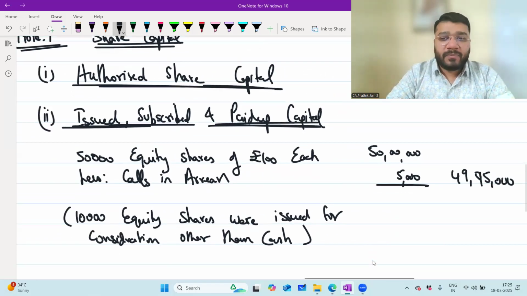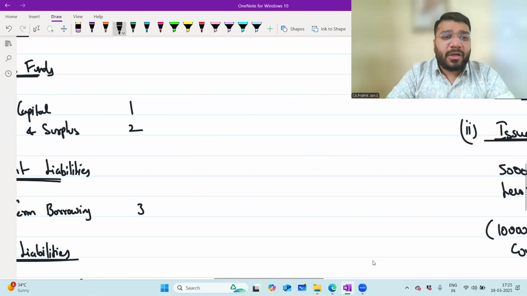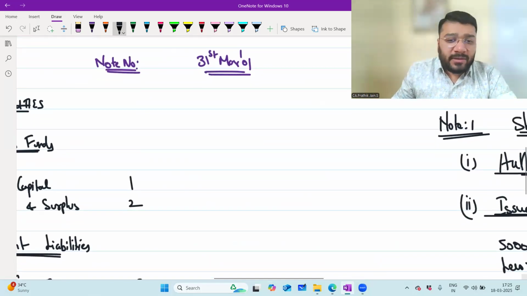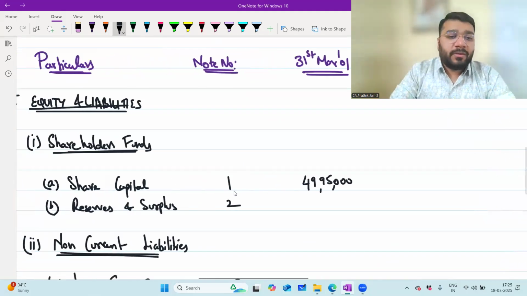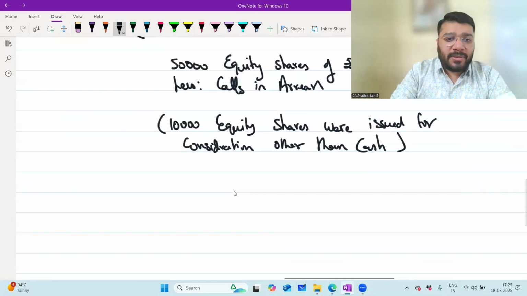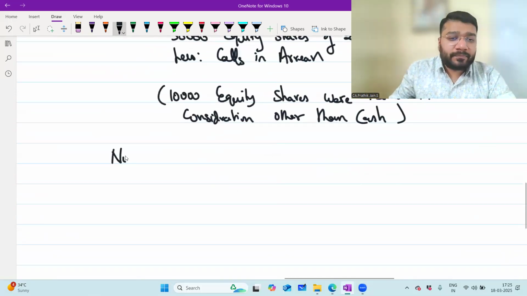Next, without forgetting, record this on the face of the balance sheet. How much? 49 lakh 95,000. Next is reserves and surplus, note 2.